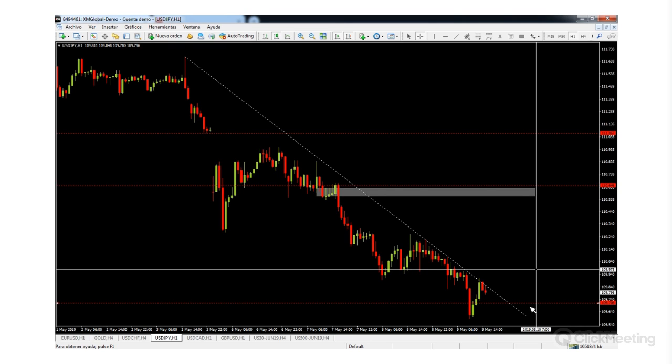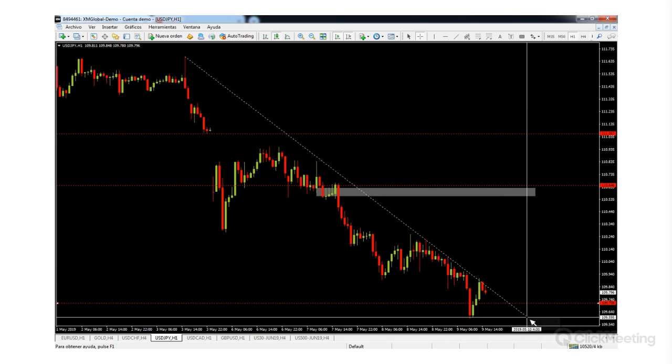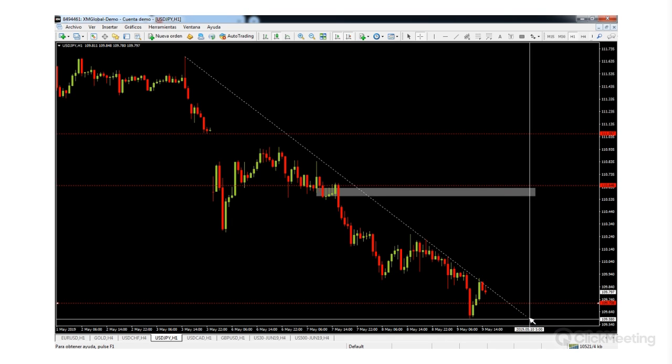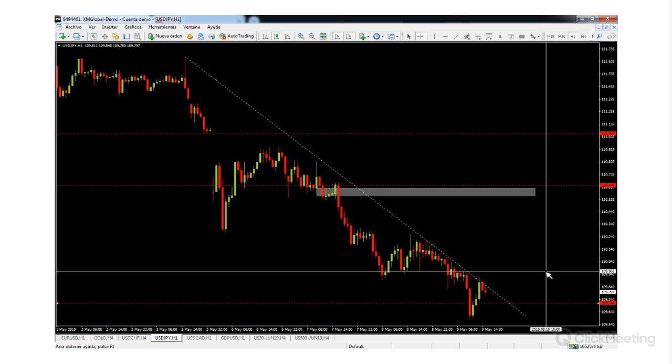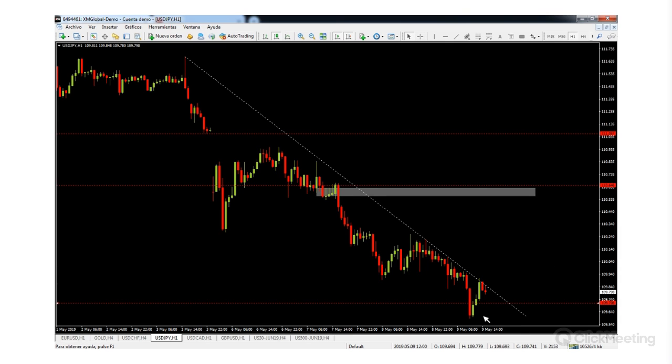But if we break below the 109.57 level, then you should delete this order, because if we break below the previous low, this means that we are making lower lows, and that means that we are still inside that bearish structure, and we should not be buying this market.